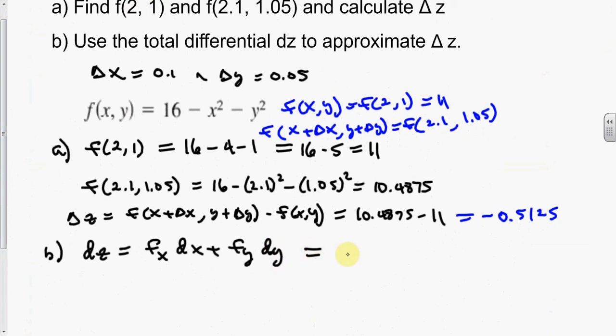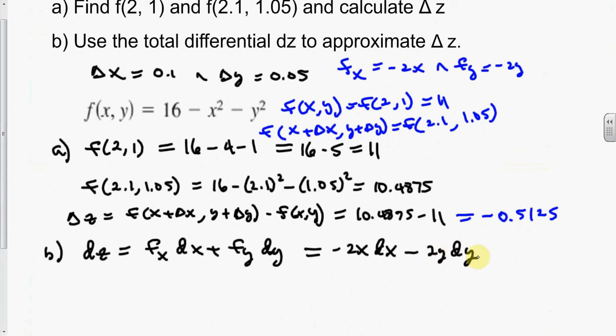So the partial of f with respect to x is negative 2x, and the partial of f with respect to y is negative 2y. So this is negative 2x times dx minus 2y times dy. Okay.